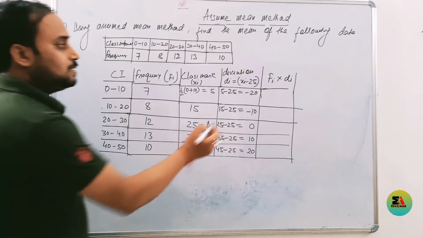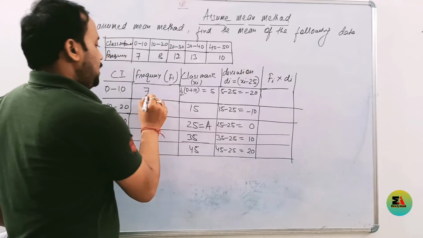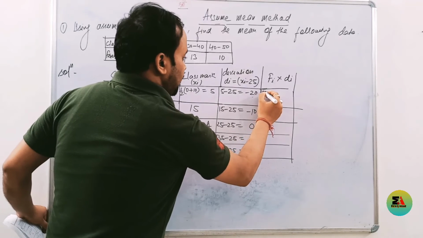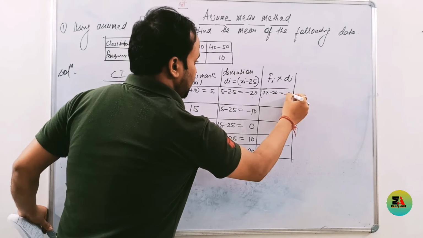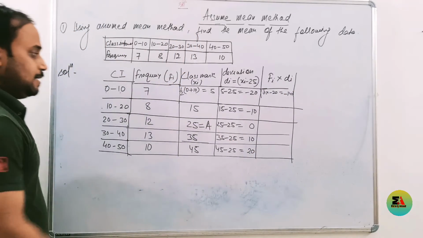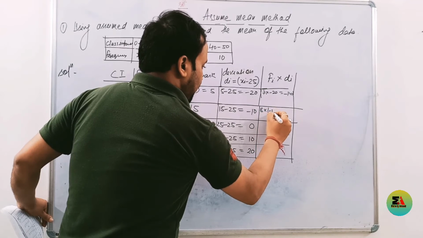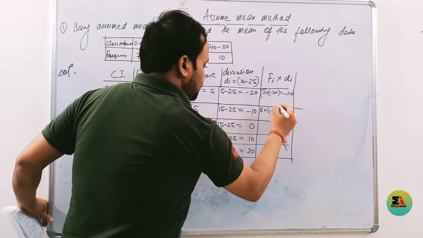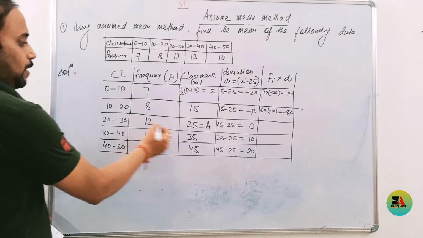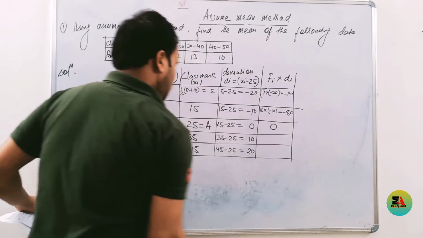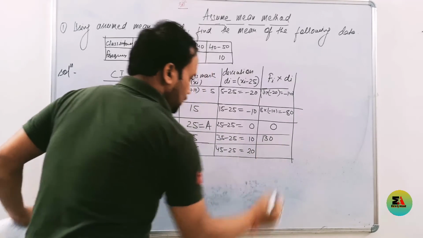Now the last step is you have to multiply fi and di. This is our di and this is our fi. What we did right here: 7 into minus 20 becomes minus 140. Same as 8 into minus 10, this will be minus 80. Clear? 12 into 0 becomes 0. Next one, 13 into 10 becomes 130.